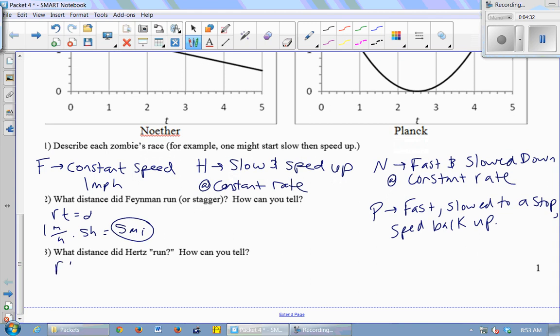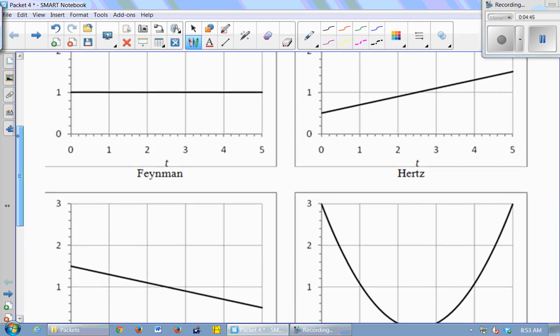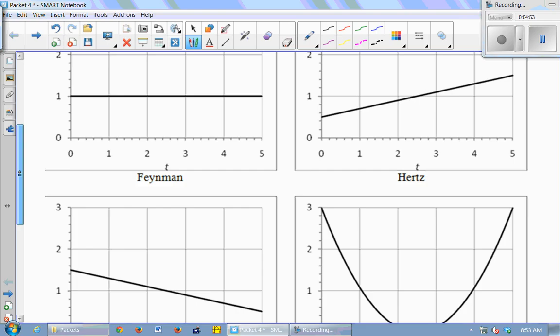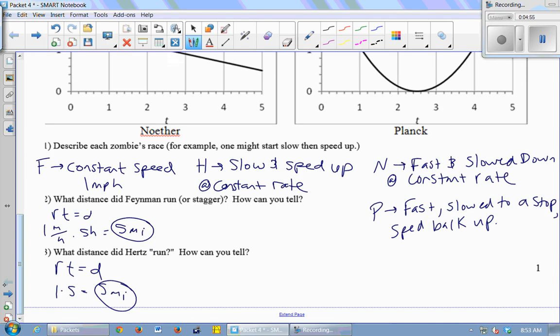So then we could still use RT equals D, plugging in average speed for rate, and we would come out with, again, 1 times 5 is 5 miles. In this case, it does look like 1 as the average speed will work well, right? But we can't be absolutely positive that that's the exact distance traveled if we're not using the exact speed, using kind of an estimate.